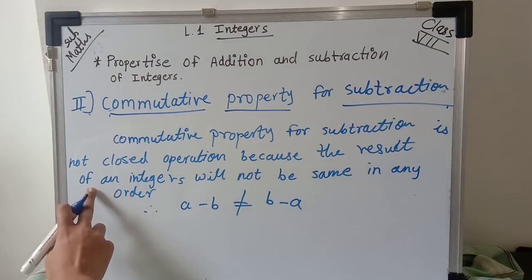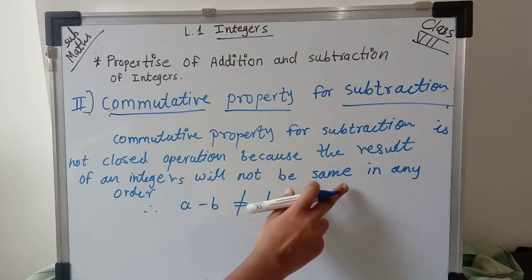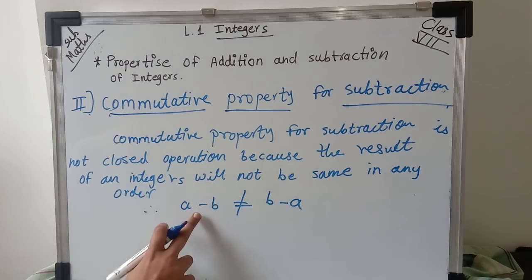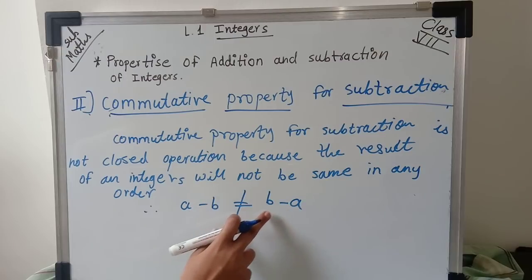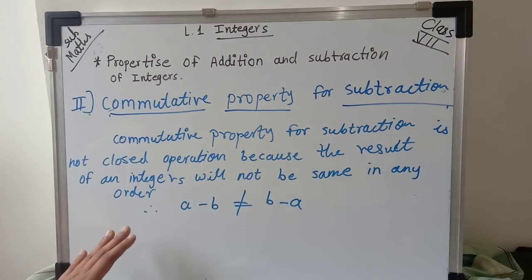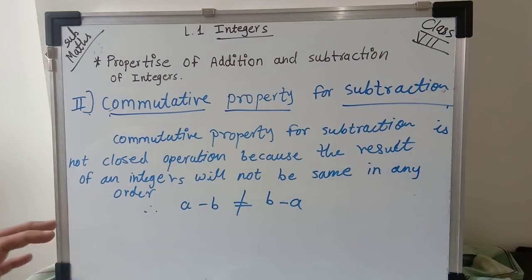Because the result of subtraction will not be the same in any order, and that's why a minus b is not equal to b minus a. The property is saying if we change the order of the integers when we are doing subtraction, we will not get the same answer, and that's why this property is not for subtraction.